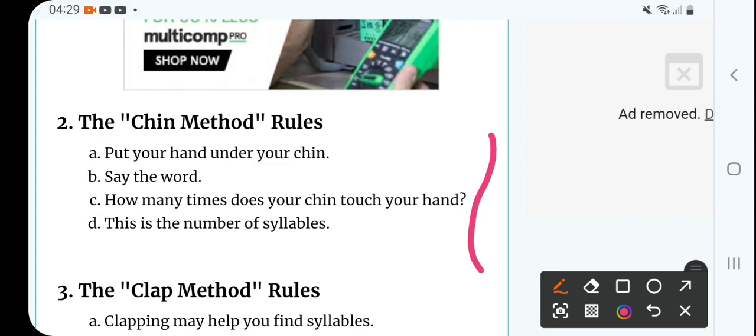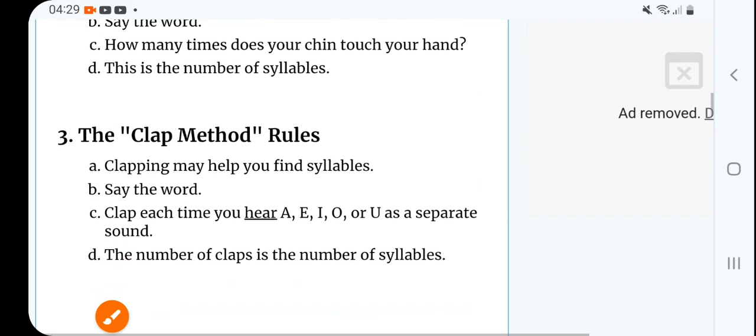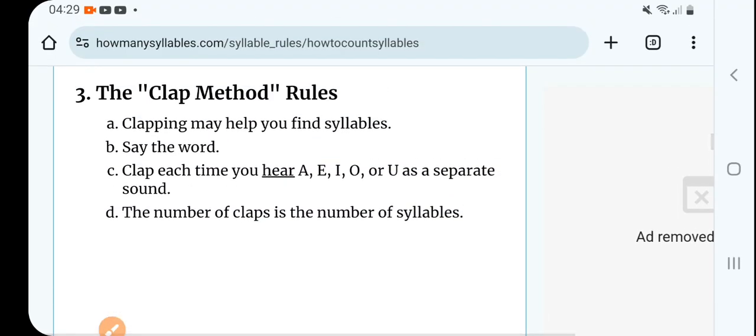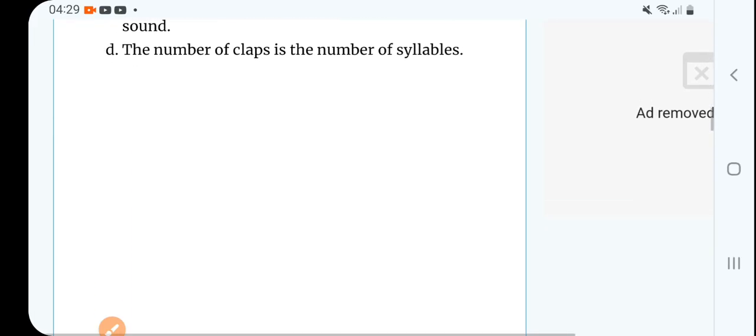Number 3, clap method: clap whenever you hear a vowel sound like a, e, i, o, u.